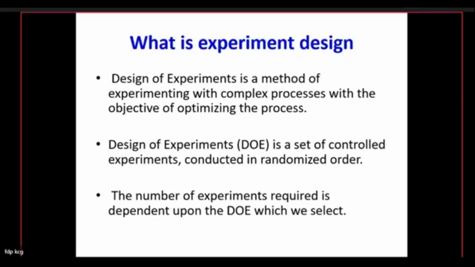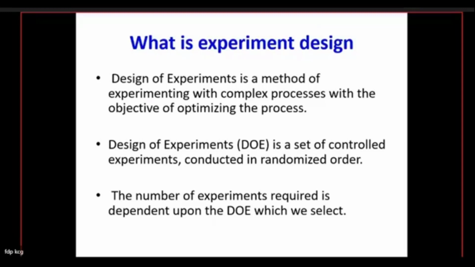Why do we have to do the experiment in randomized order? Suppose you have to conduct 25 experiments, and if you do 1 and then 2 and then 3 and so on up to 25 in sequence, then there is a possibility that when you are doing your first experiment, you are more fresh and more energetic, and when you are doing your 25th experiment, due to tiredness or whatever other reason, you may not be able to give as much attention as you gave to your first experiment.